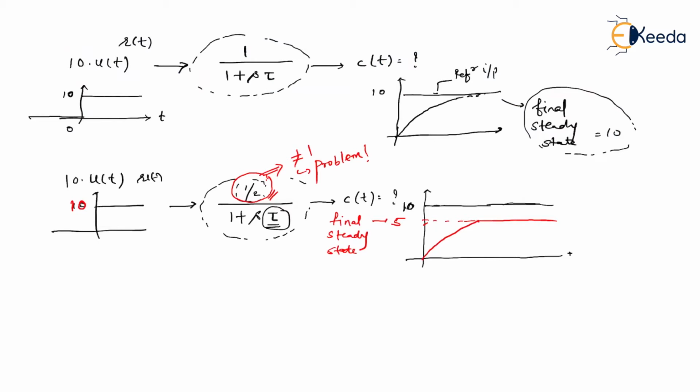It is all because in the numerator we don't have 1, we have half. 90% of 5 will be 4.5. Am I right? So 4.5 is 90% of the final steady state value. And we have to find t equal to what?